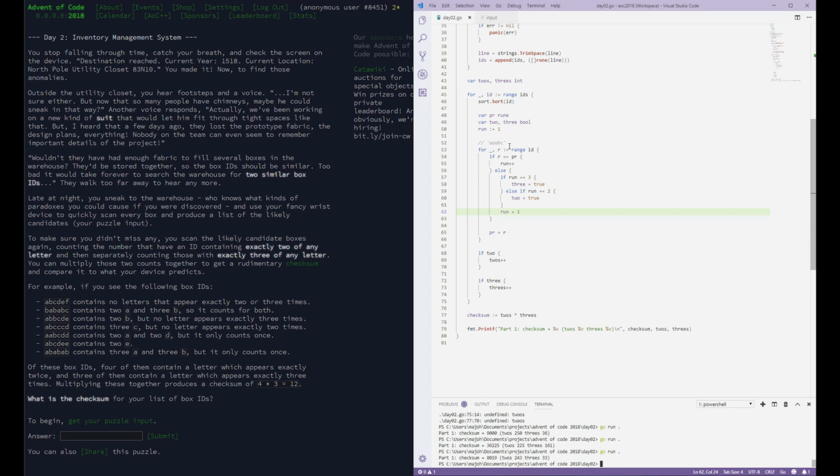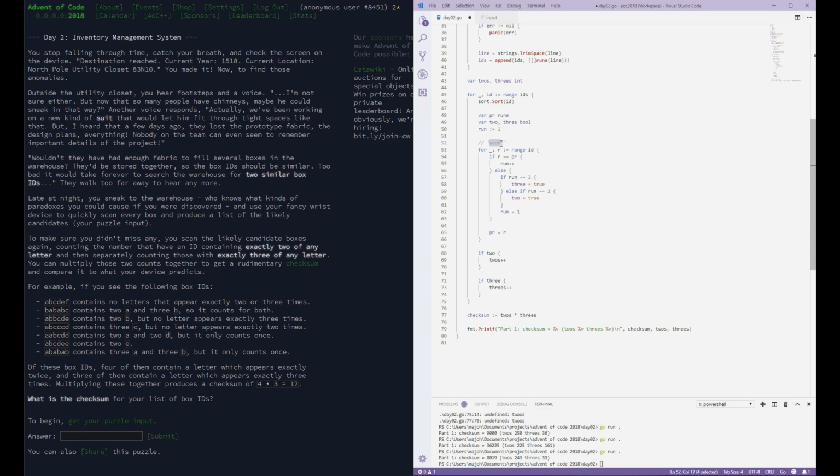You start looking at that, it doesn't match, then you look at that, that does match, then you increment, and then you check the next one. And now you increment again, and then you check the next one, that doesn't match, so this will go down here, and then run should be 3 because we start run 1, run 2, run 3. Then we don't increment it, so run is 3 is true.